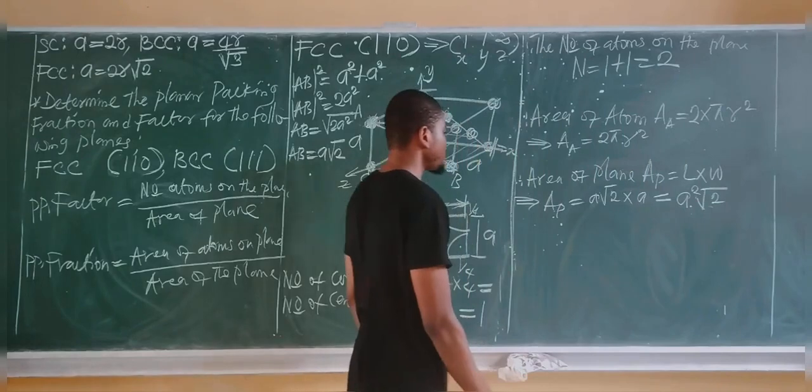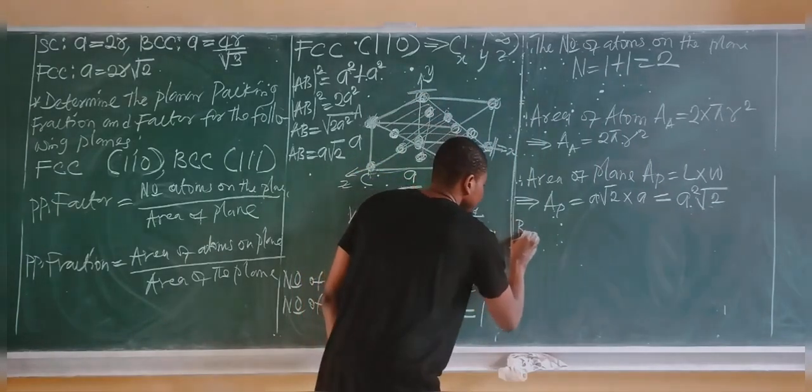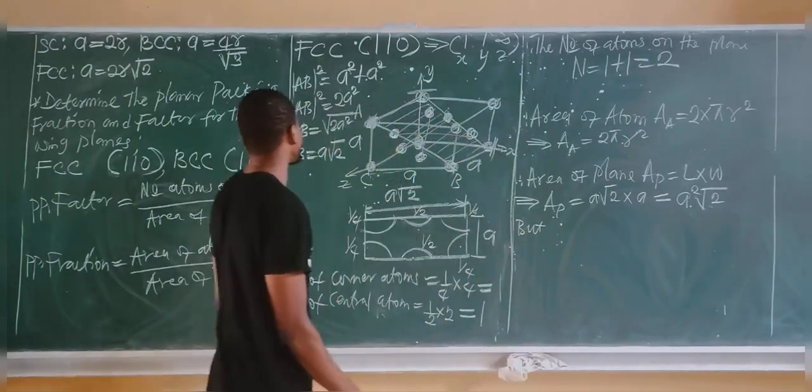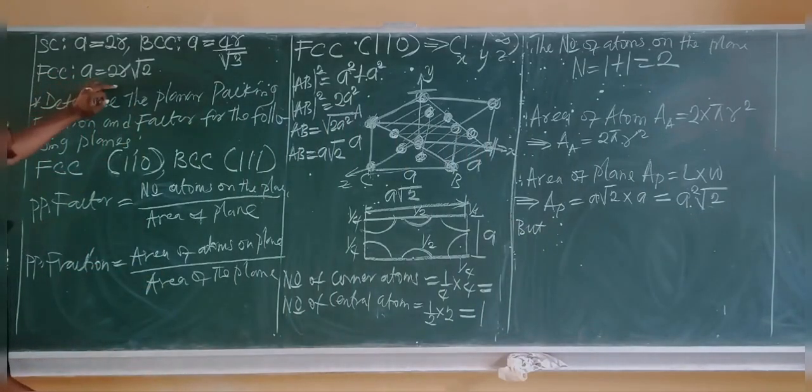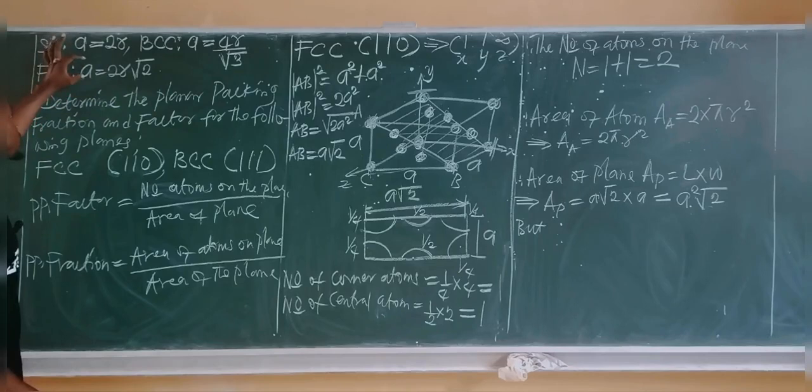But not forgetting, for the FCC structure, a is equal to 2r root 2. This is the relationship between the lattice parameter and the radius.